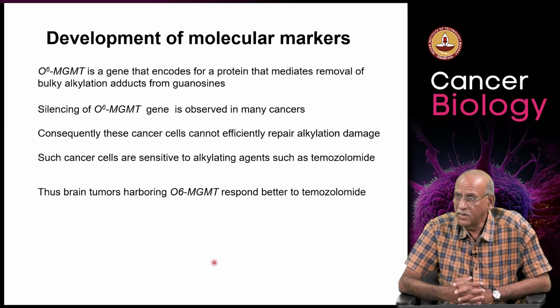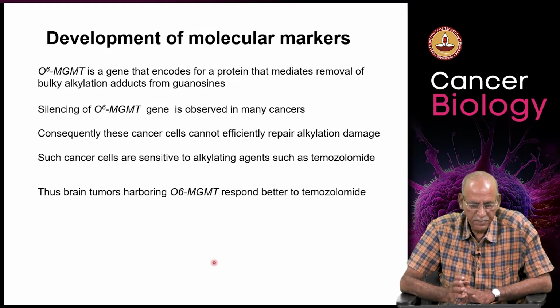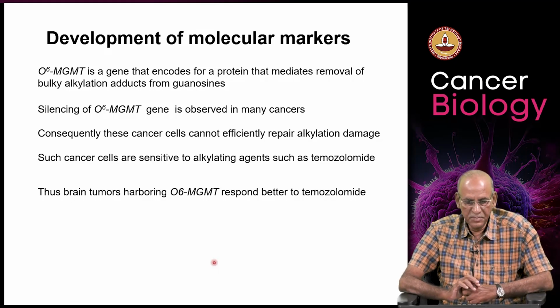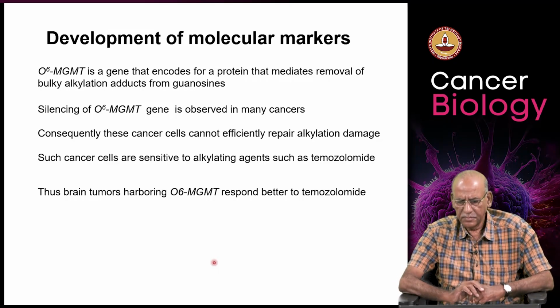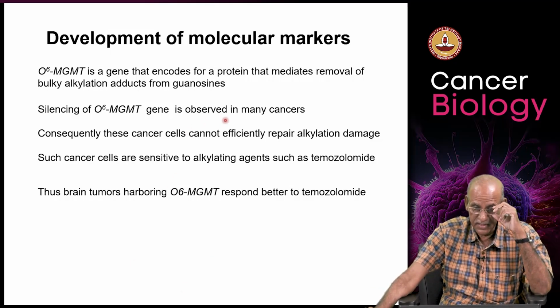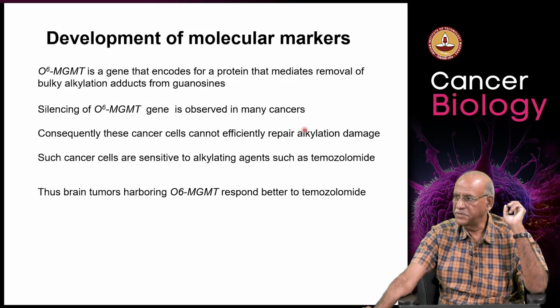I will talk about this later also in DNA repair mechanisms. Silencing of this particular enzyme is observed in many cancers, especially I think in brain cancer. If this happens, consequently these cancer cells cannot efficiently repair alkylation damage.